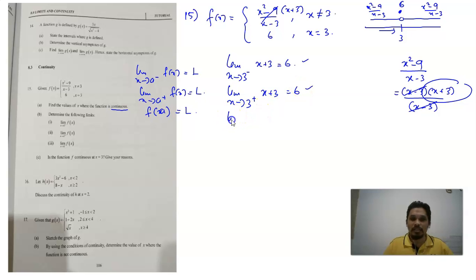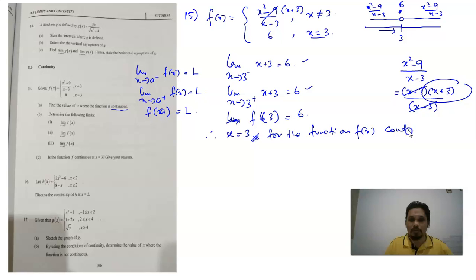And when x is exactly 3, f(x) equals 6. So the value of x equals 3, and the function f(x) is continuous.